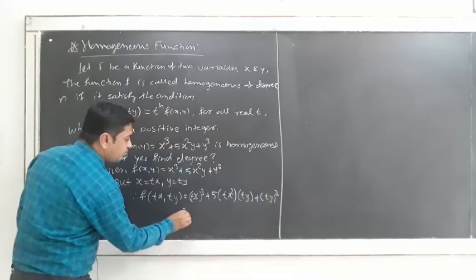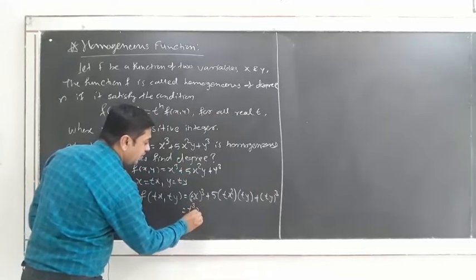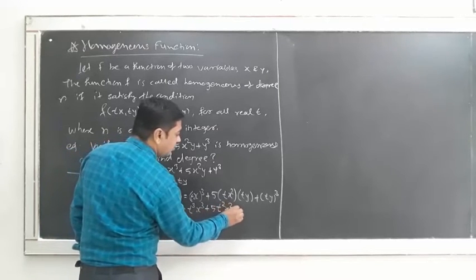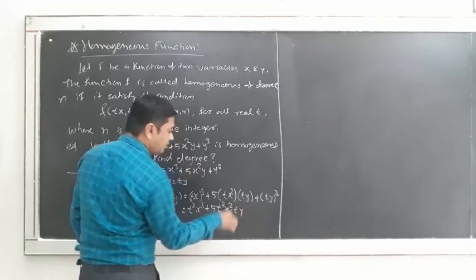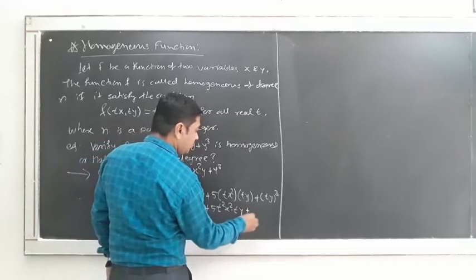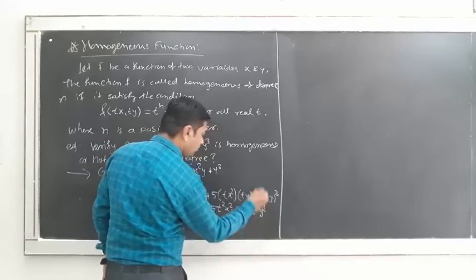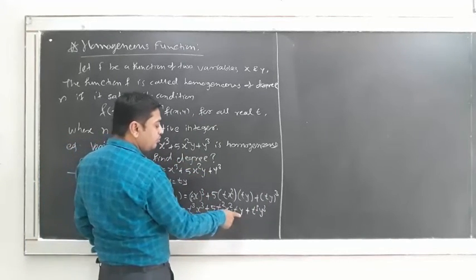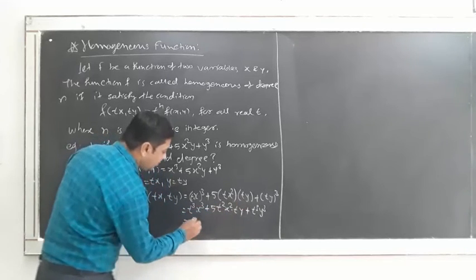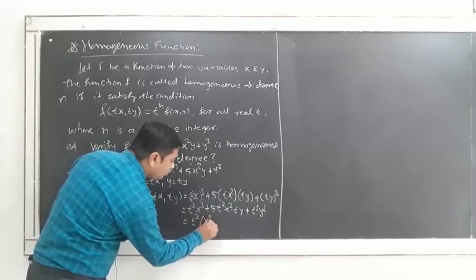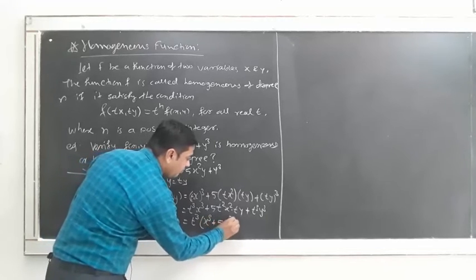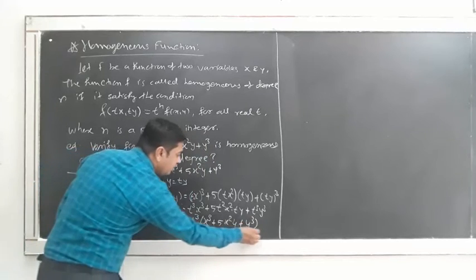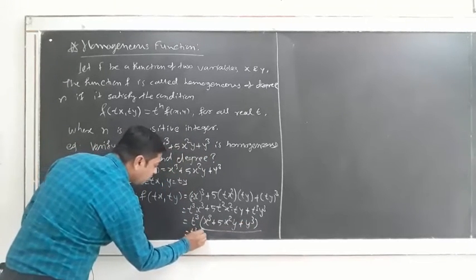Now solve this. We get t cube x cube plus 5 t square x square times ty plus t cube y cube. If you simplify, t square into t is t cube, so you can take t cube common: x cube plus 5x square y plus y cube, and this is our f of x, y. So it is t cube f of x, y.